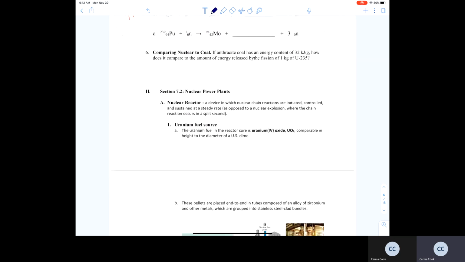Question 6 is comparing nuclear energy to energy produced via burning coal. So if anthracite coal has an energy content of 32 kilojoules per gram, how does it compare to the amount of energy released by the fission of 1 kilogram of uranium-235?